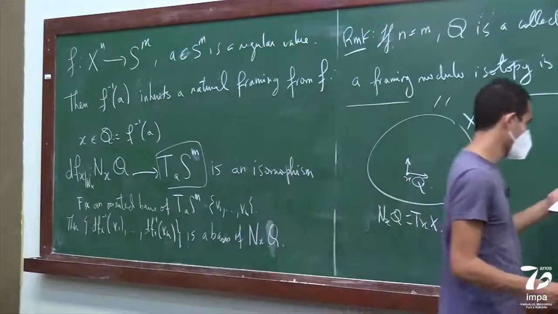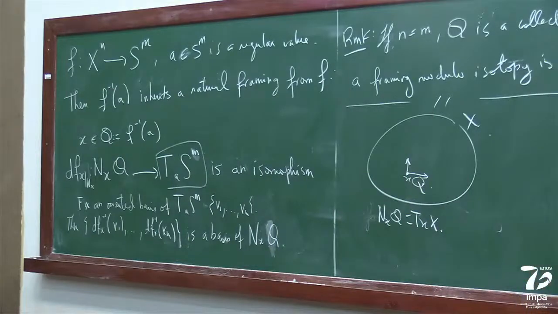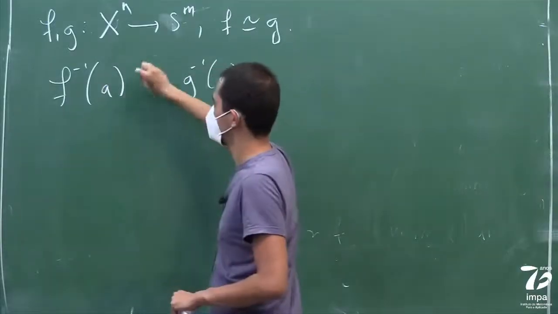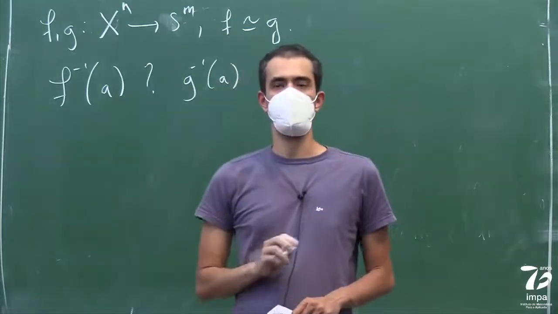So say that f and g are maps from Xn to Sm, and f is homotopic to g. Then what can you say about the pre-image of A under f and under g? How are they related? What's the relationship?